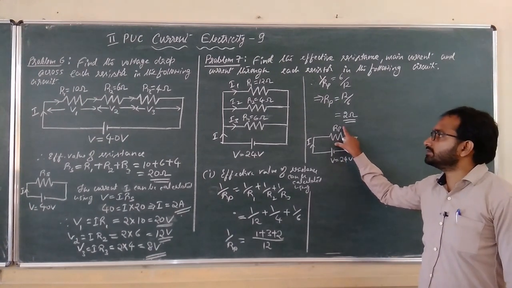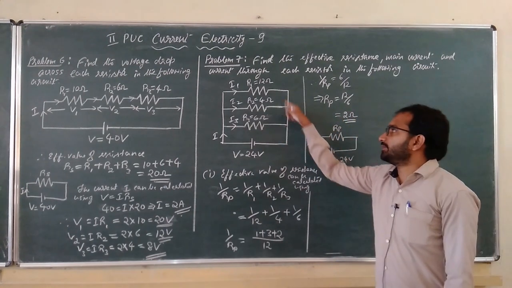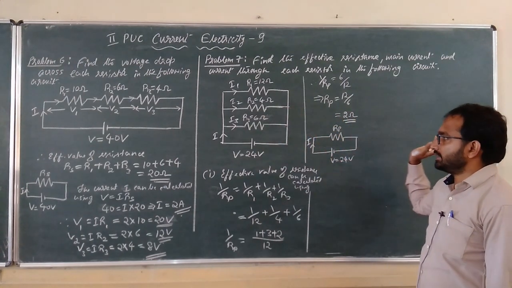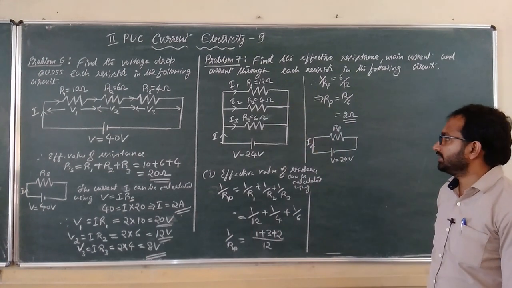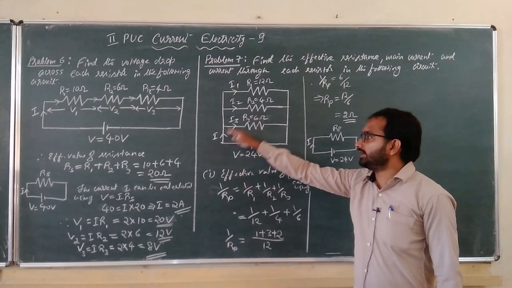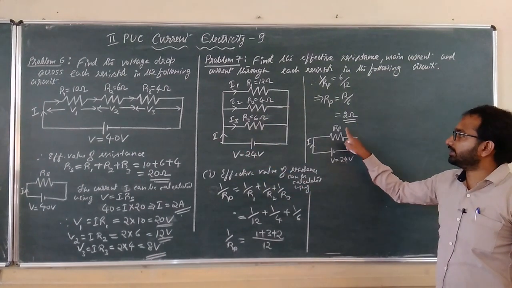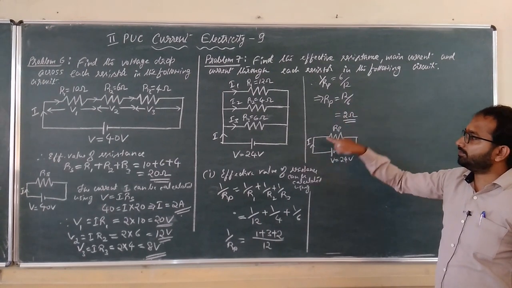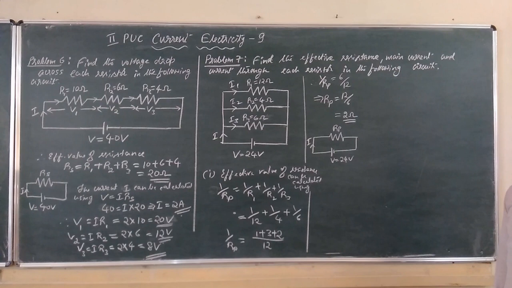This combination is replaced by this particular resistance Rp such that it draws the same amount of current as the combination does. If the combination is drawing I amount of current from the source, then the effective resistance Rp should also draw the same amount of current from the same applied voltage.